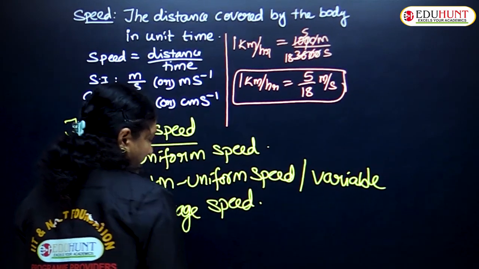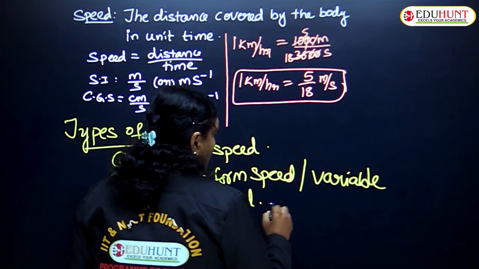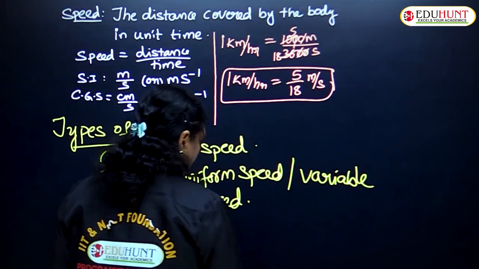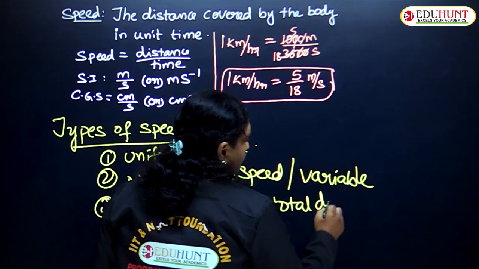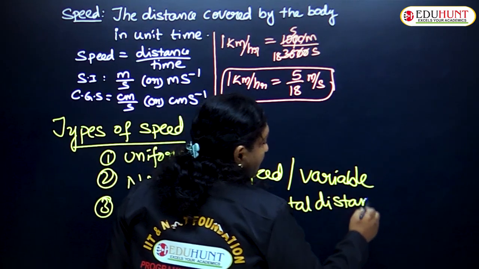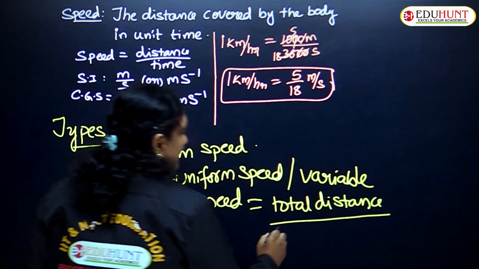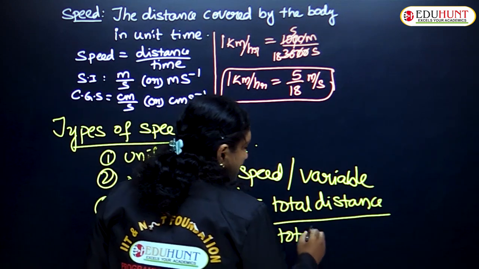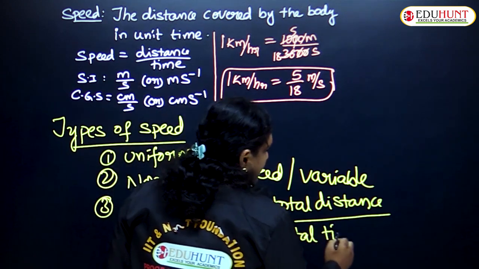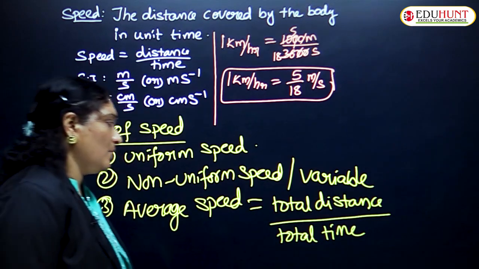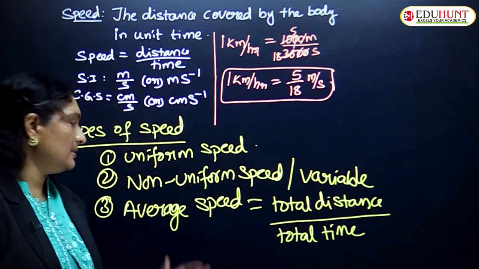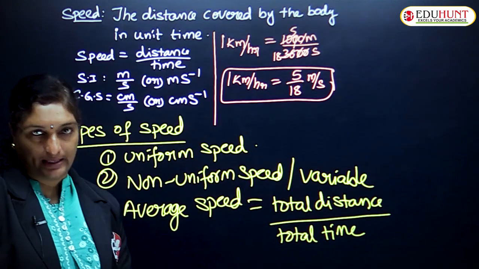Average speed is defined as the total distance covered by the body divided by the total time interval. The total distance covered by the body divided by the total time interval gives your average speed.